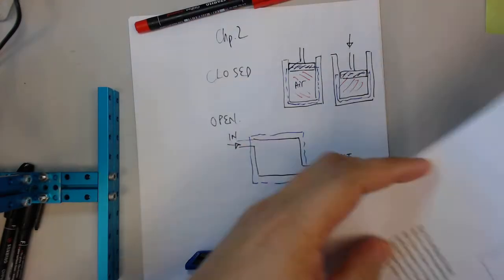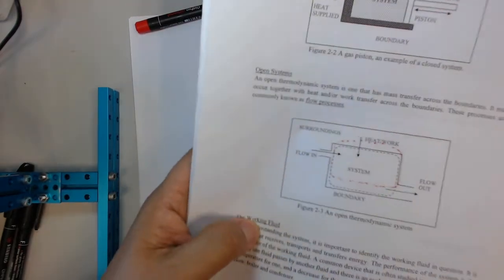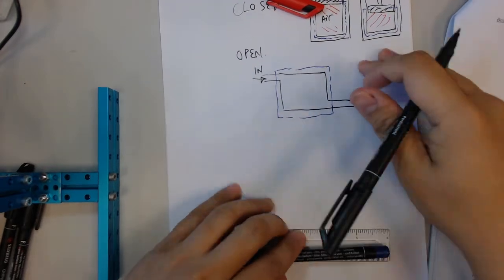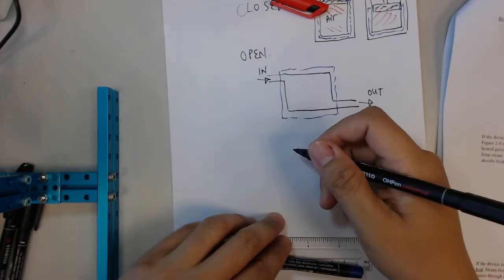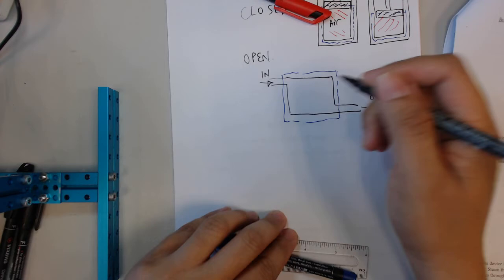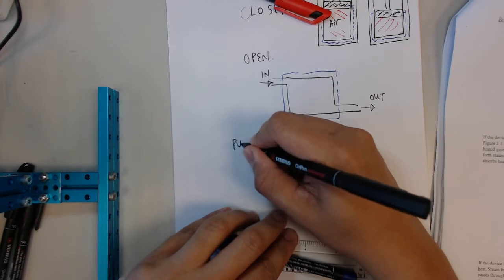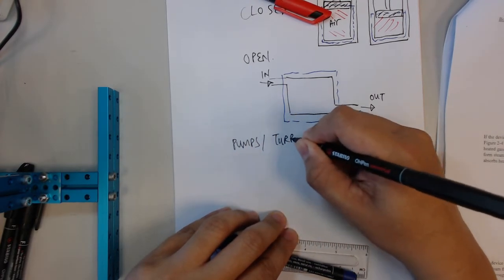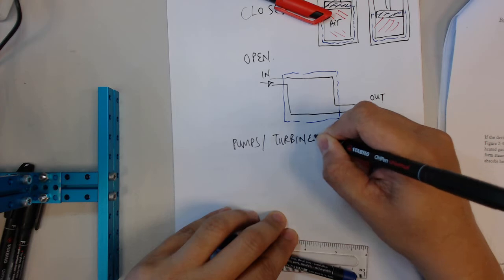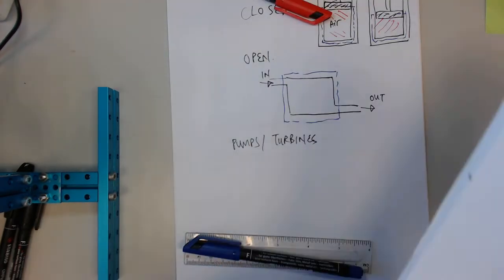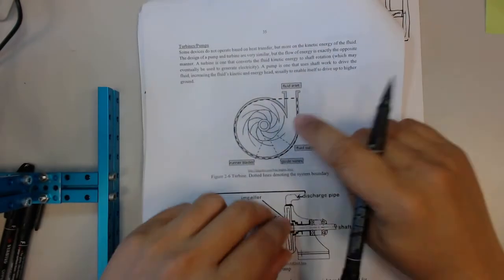So for open systems in particular, there are three different types that this module will be concerned with. The first one will be pumps and turbines. They look something like that.